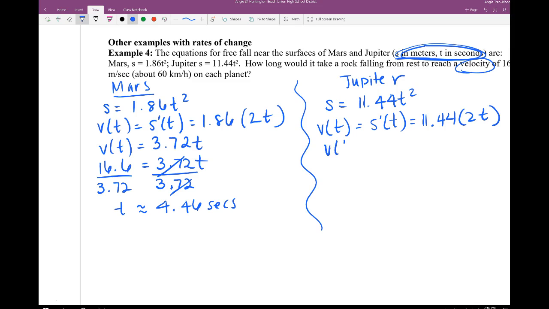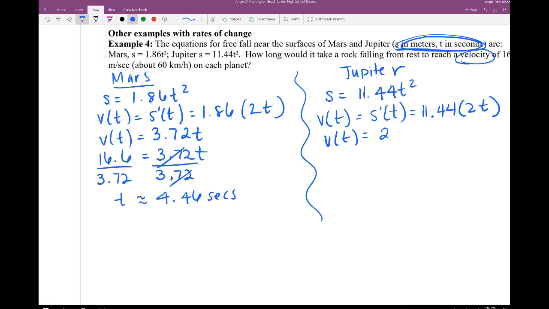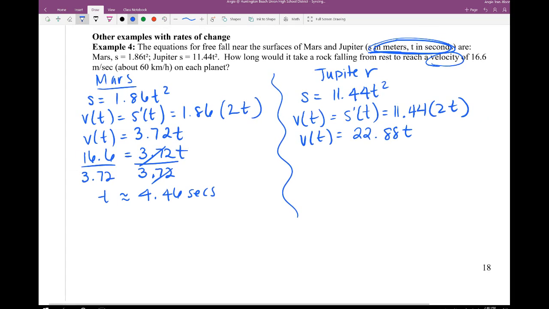So V of t is 11.44 times 2, which is 22.88 t. Similarly, we are interested in 16.6 on both planets. So 16.6 equals 22.88 t. Divide both sides by 22.88.